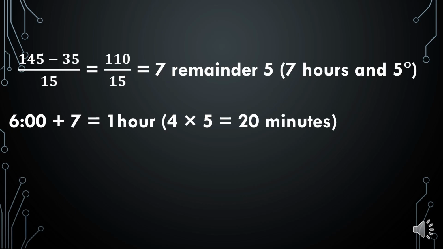In brackets, we multiply our 5 degrees by 4, since we want to convert our 5 degrees into minutes. And remember, 1 degree is equal to 4 minutes.